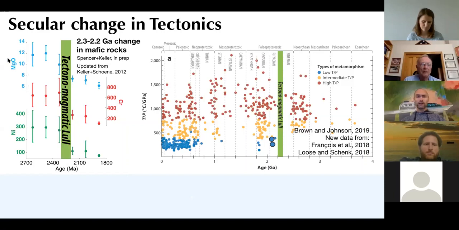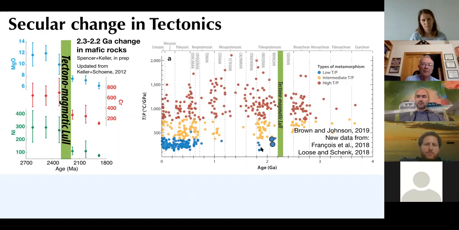These are very, very preliminary results. Brennan and I are still working this up. But in mafic rocks, we see a change, not at 2.5 as was previously proposed, but a change between 2.3 and 2.2, which sits nicely straddling the tectonomagmatic lull. And then also new data continues to come out.